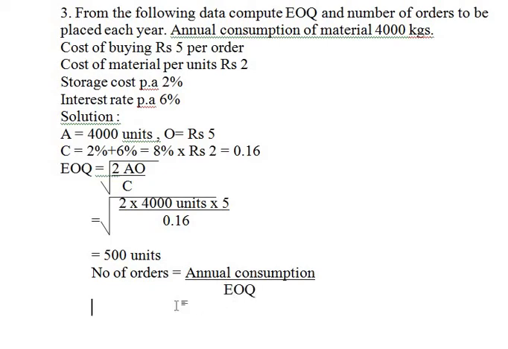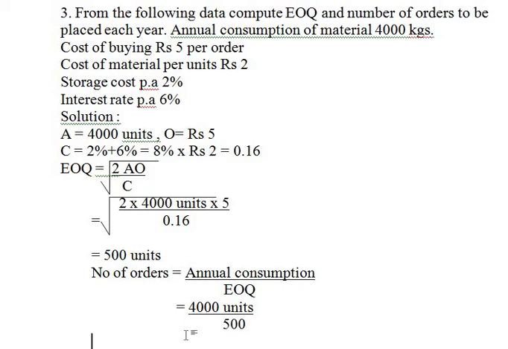Now, so that will be equals to annual consumption is 4000 units, again divided by EOQ, which is 500.